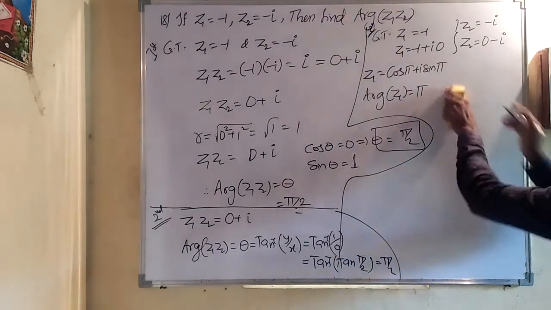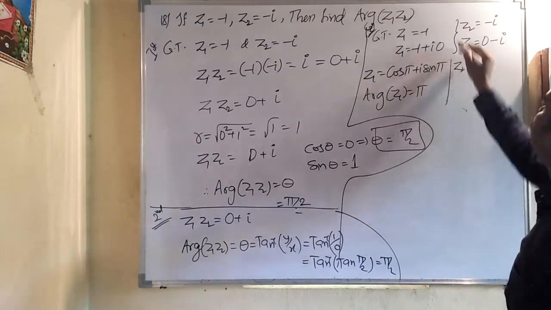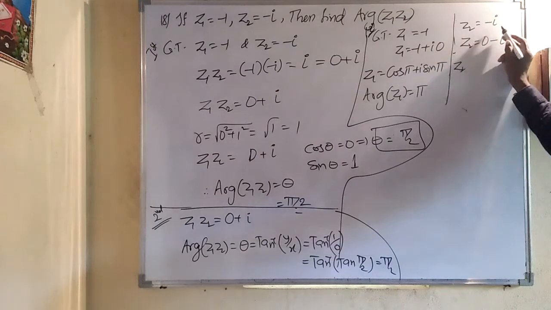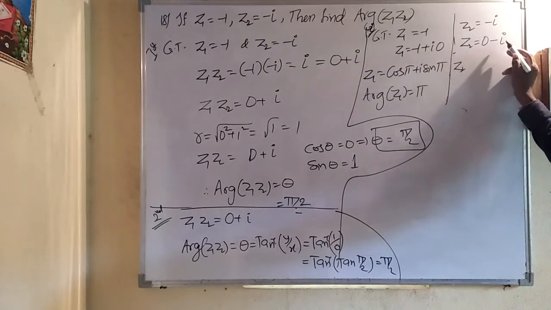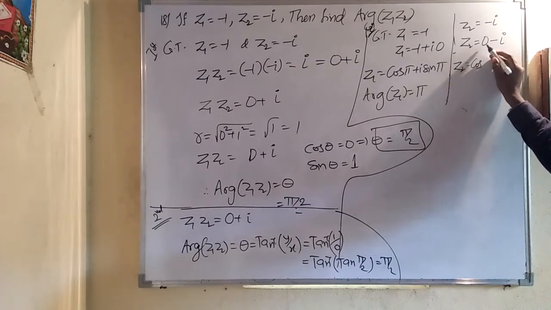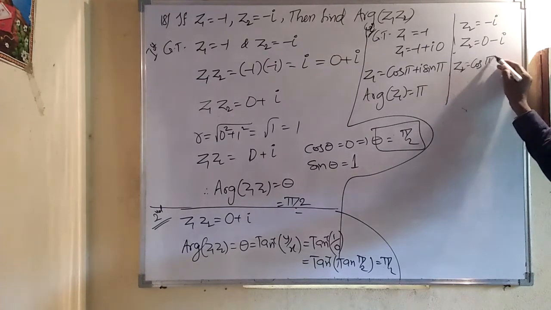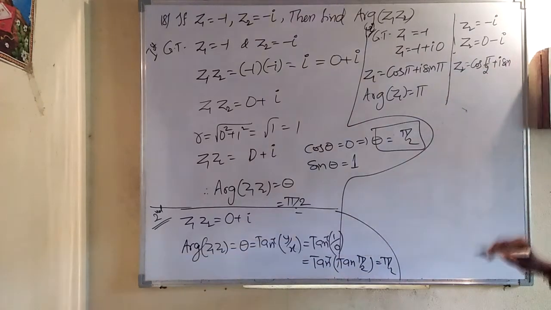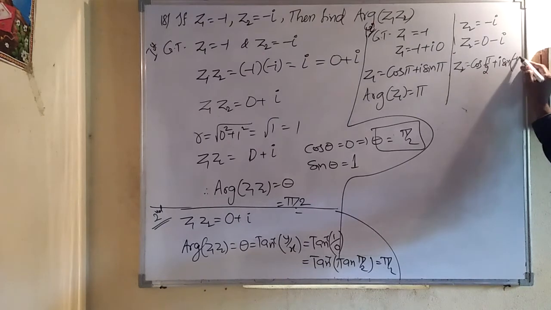And here the polar form of Z2, which is given as minus I, general form 0 minus I. For this polar form, cos value is 0 at 90, cos 90 plus I sin, where sin value is minus 1, so minus pi by 2.